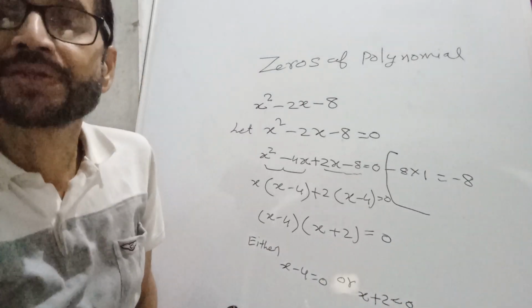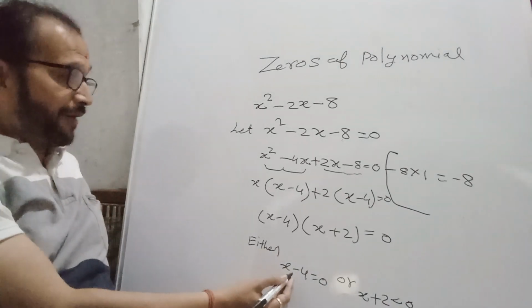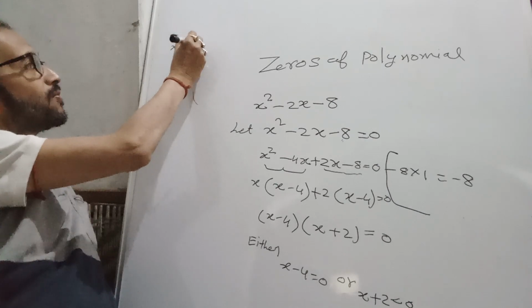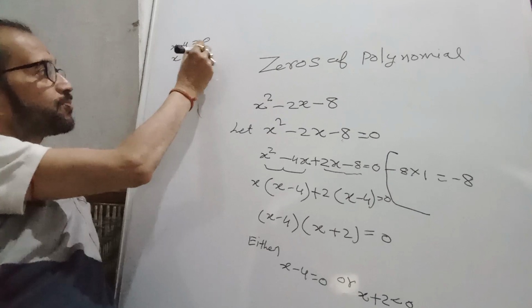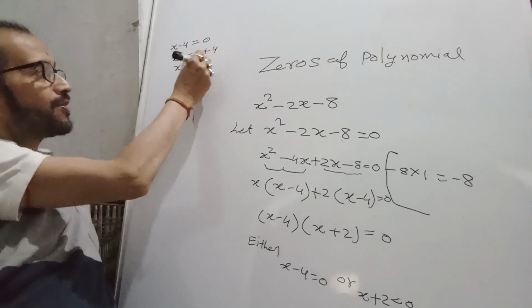Okay? Any problem? No. Then, if x minus 4 equal to 0, then x equal to 0 plus 4 and x equal to 4.